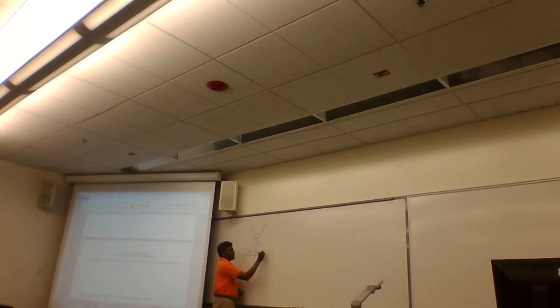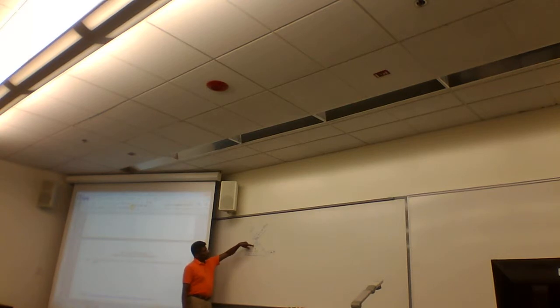So this one will be what? 10 g cosine theta. This will be what? 10 g sine theta. Let's make this theta 30. If this is 30 degrees, how much would this angle be? 60.